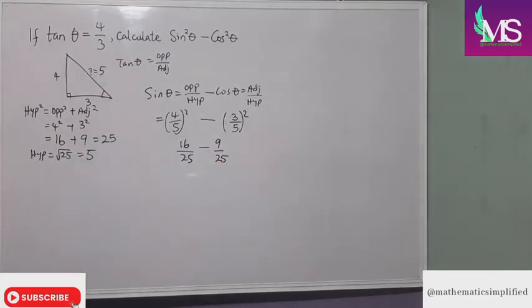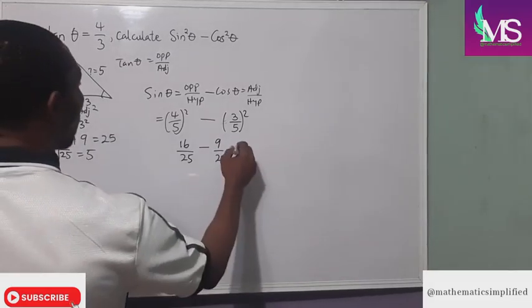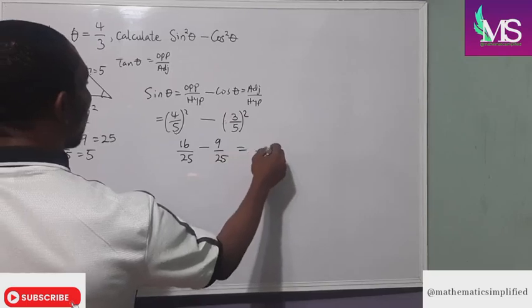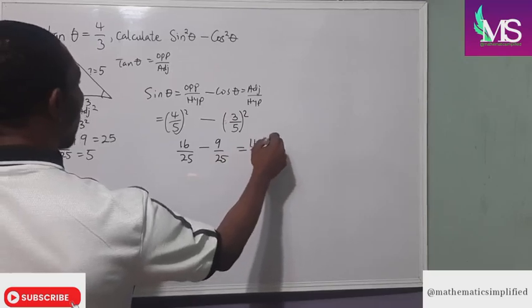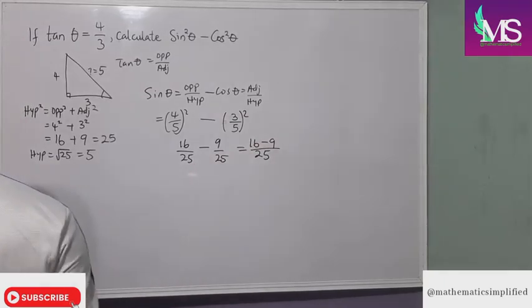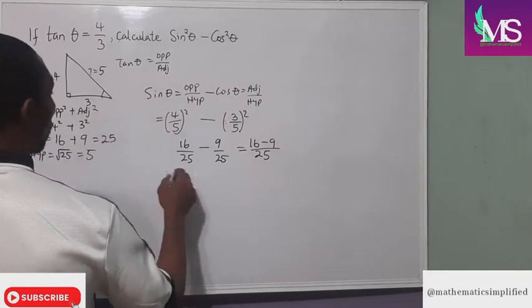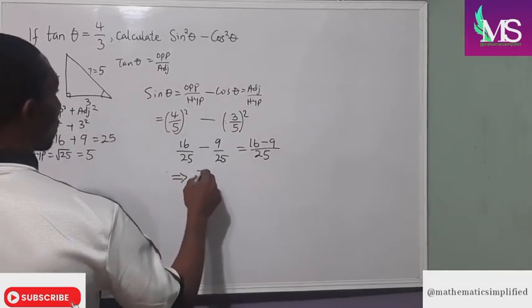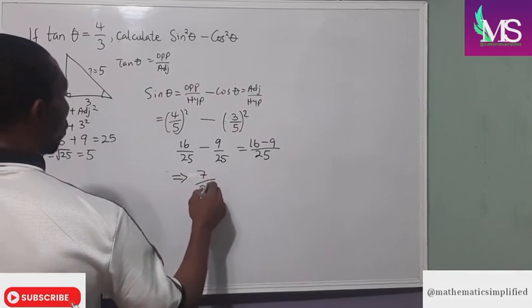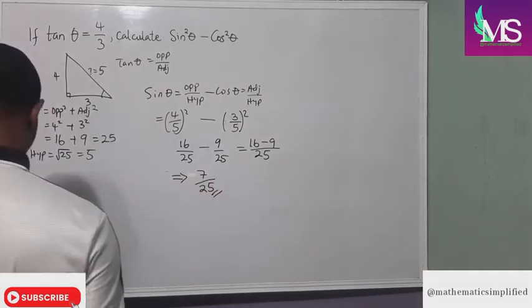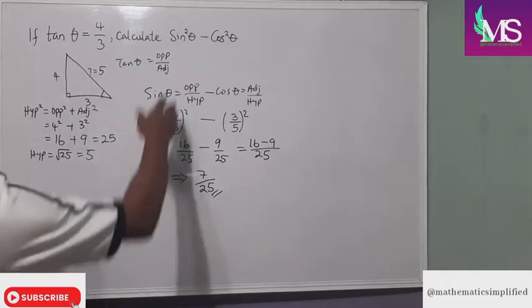Now our LCM will become what? 25. So this becomes 16 minus 9, and 16 minus 9 will give us 7. So our answer will give us 7 over 25. That will be our answer for this.